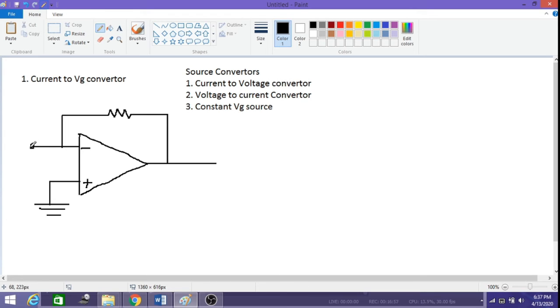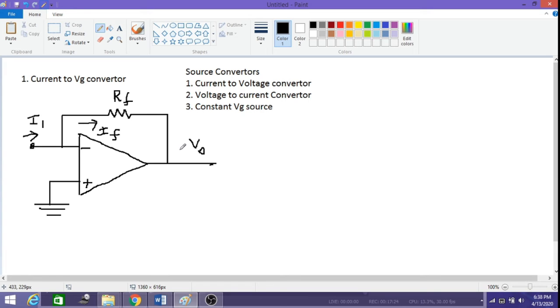The only difference is that we don't have the input resistance, that is R1, so we can consider that resistance value is 0. Here the current flowing through this point is I1, and this we call IF, and this is the feedback resistor, as we know, this is RF. So this is our V0.